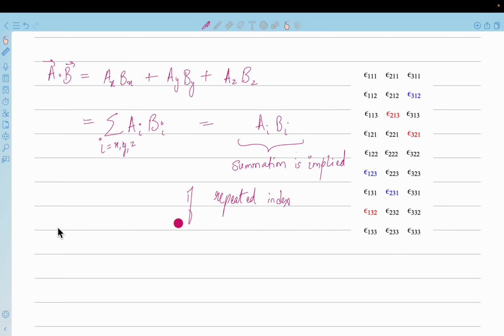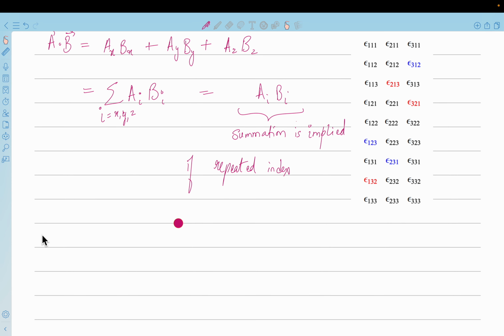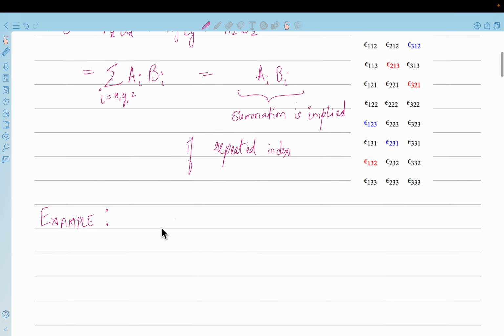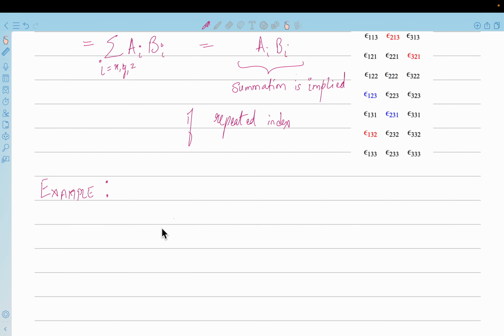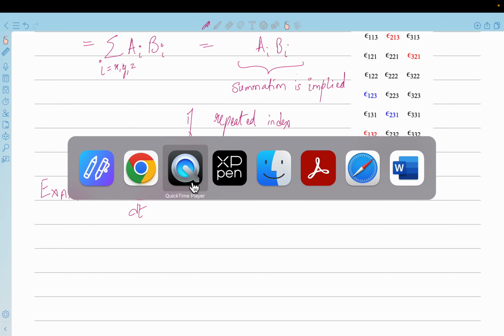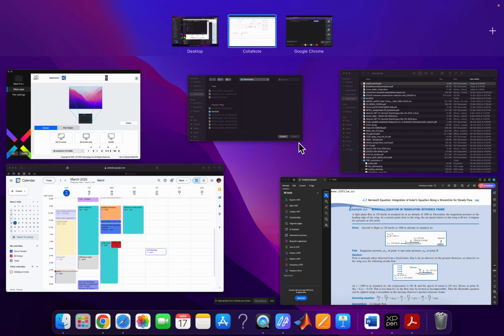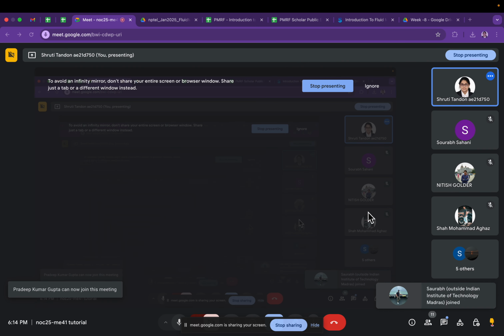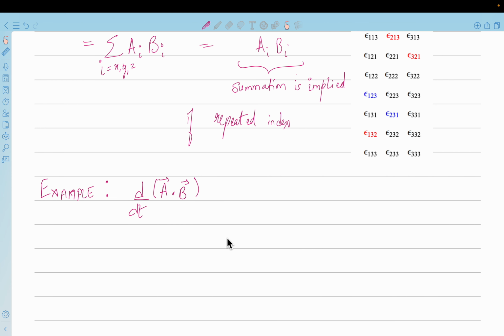Now let us try a very simple kind of vector identity. So let's try an example. We'll prove this vector identity in two ways. One is the longhand writing and one is the shorthand writing. So let's start with d by dt of A dot B. Now A is a vector, B is a vector, but we have taken a dot product.